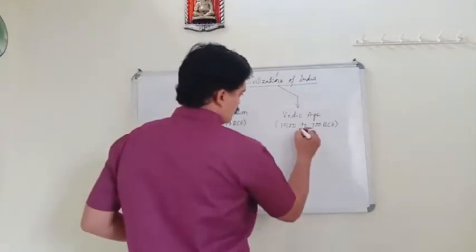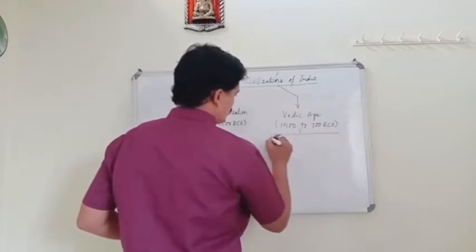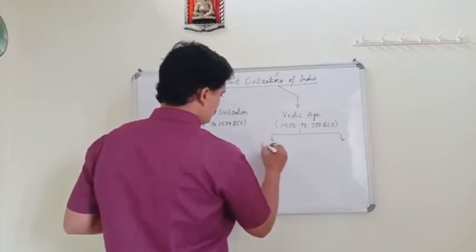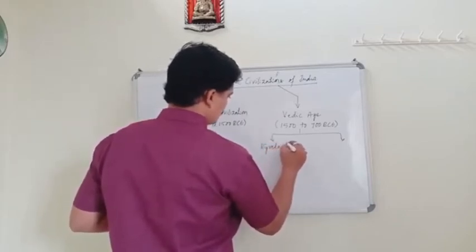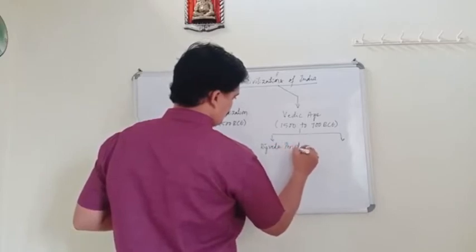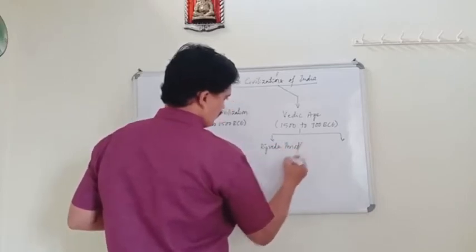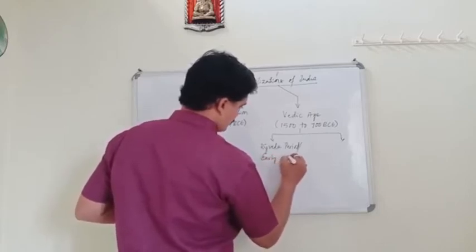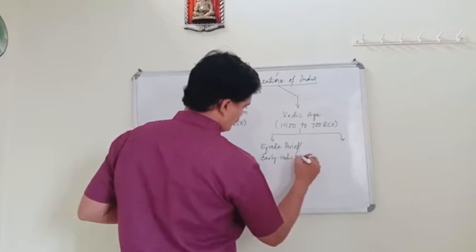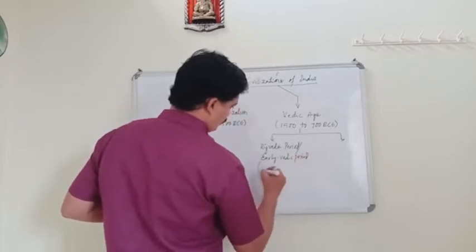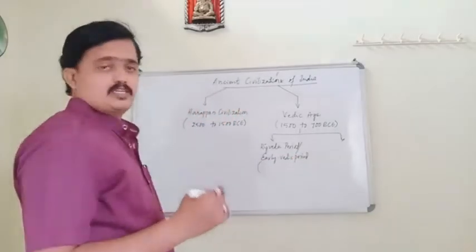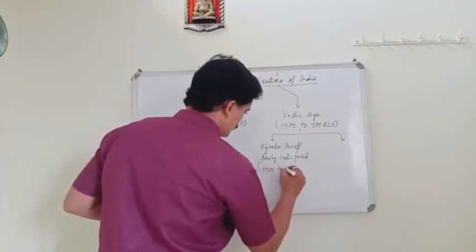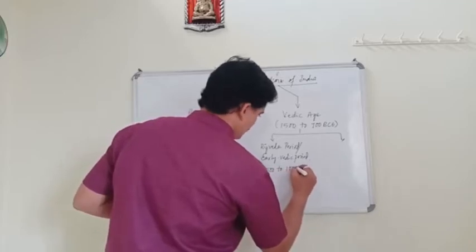This Vedic Age is subdivided into two categories. One is the Rigveda period, also called the early Vedic period. The period of the early Vedic period or Rigveda period was 1500 to 1000 BCE.